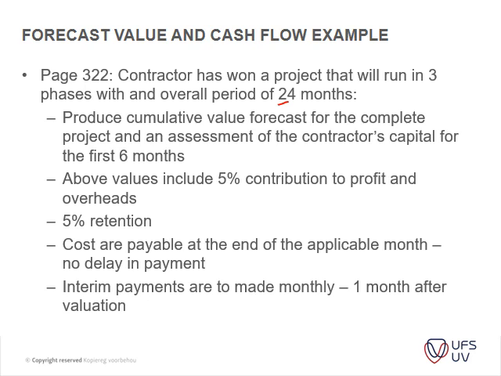Produce a cumulative value forecast for the complete project and an assessment of the contractor's capital for the first 6 months. The above values include 5% contribution to profit and overheads, and then you've got 5% retention. Then you've got a cost. Costs are payable at the end of the applicable month. No delay in payment. Okay, please take note of that.